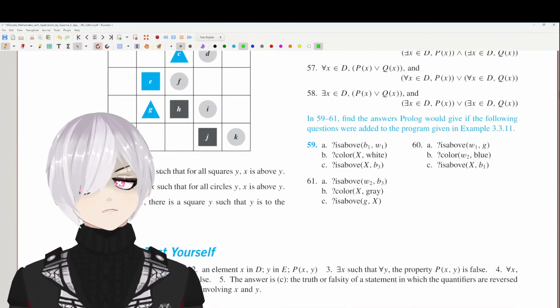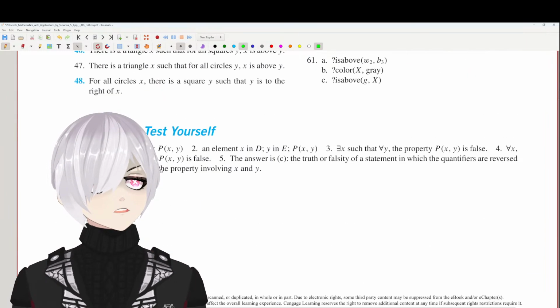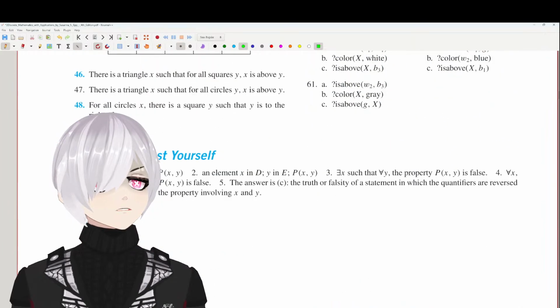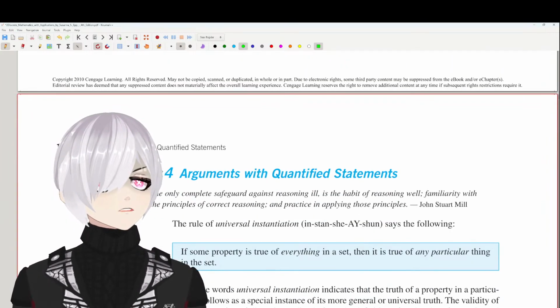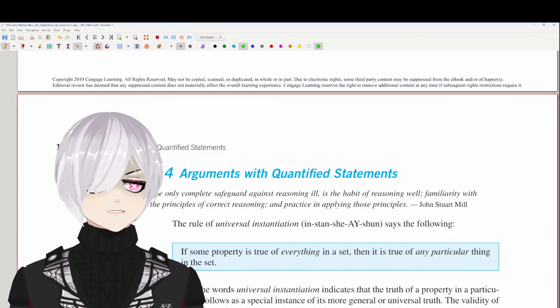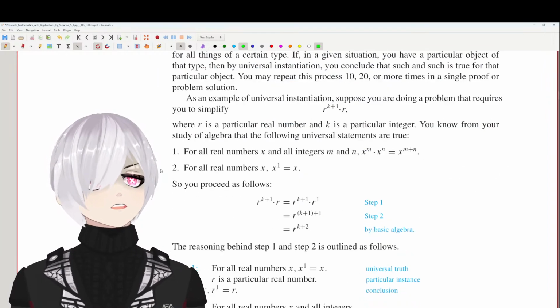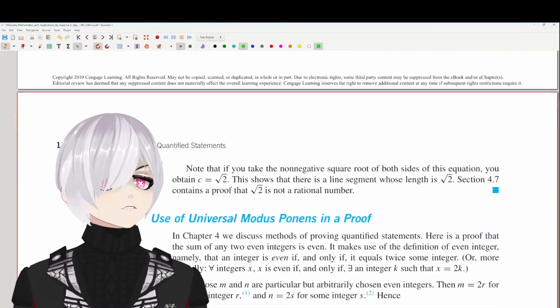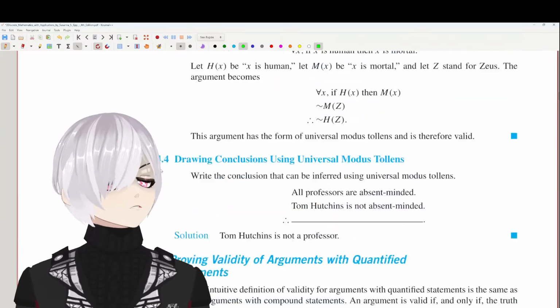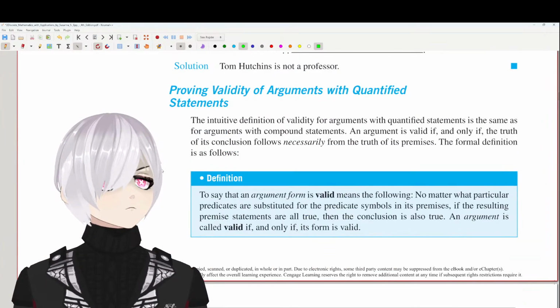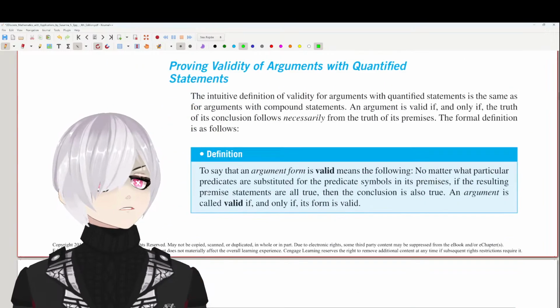It seemed like a long chapter. I think there's one more section in the chapter, and then it gets to proofs finally in chapter 4. So that next one goes from page 132, proving validity.